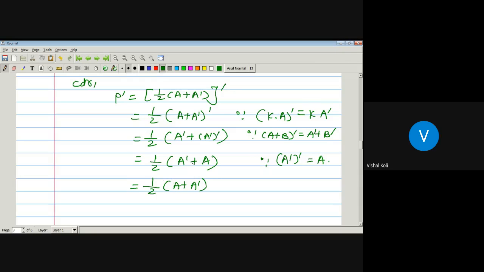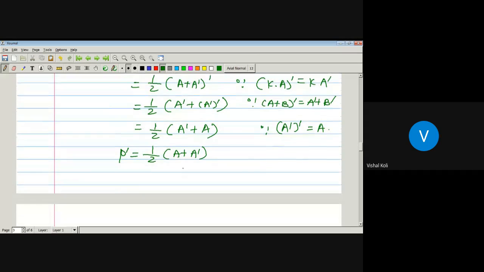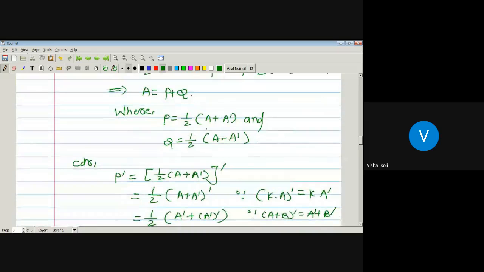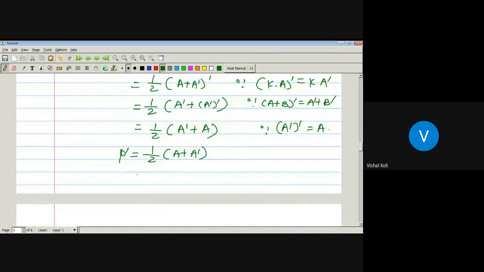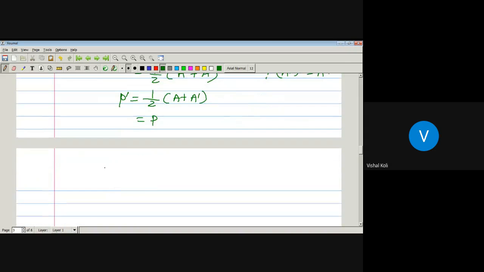So P dash is equal to 1 upon 2 (A plus A dash), which is the same as P. So P transpose equals P, which implies that P is a symmetric matrix, by the definition of symmetric matrix.